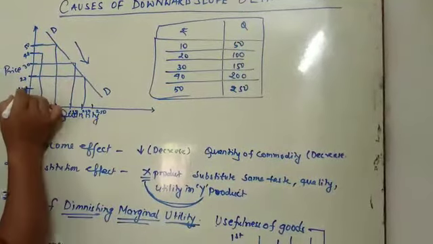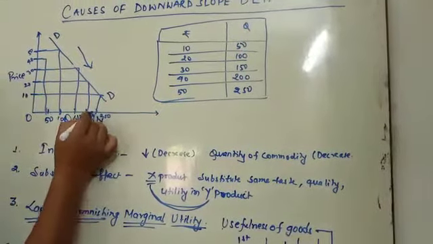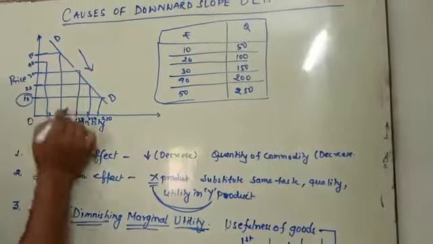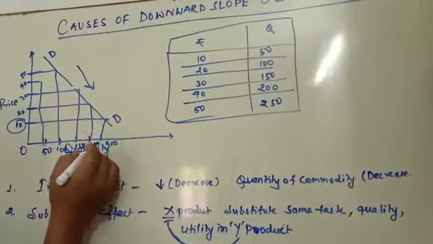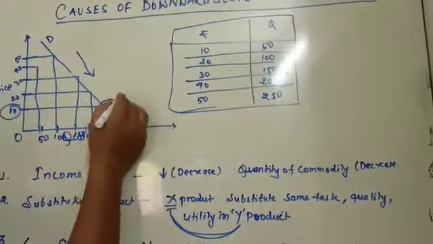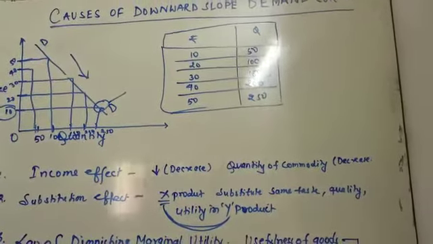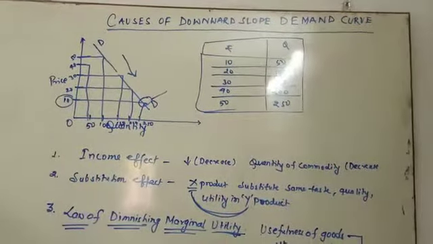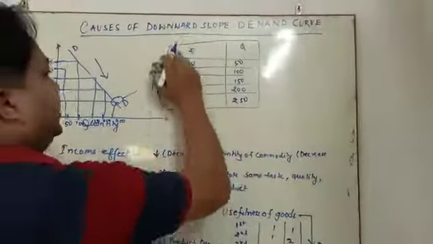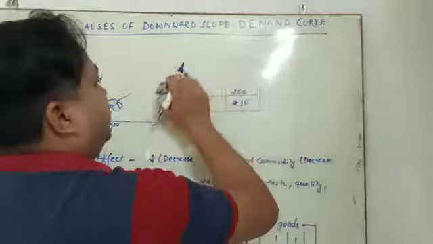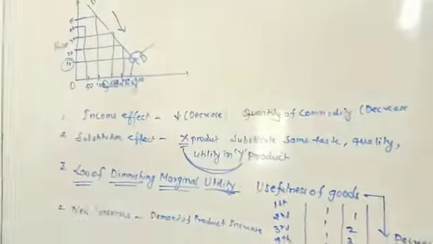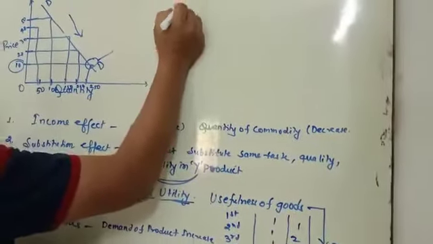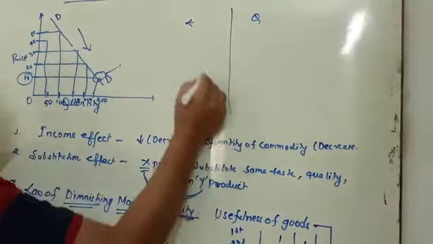You observe at 10 rupees, maximum quantity is demanded. So what is our law of demand table?